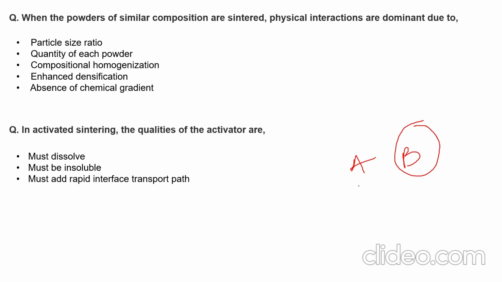The interactions will be because of the liquid bridges formed between the two molecules, and that will result in the sintering. But in the case of similar composition, where we have only one type of molecule, the physical interaction is dominant due to the particle size ratio.